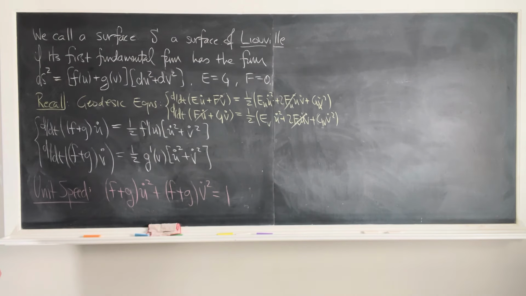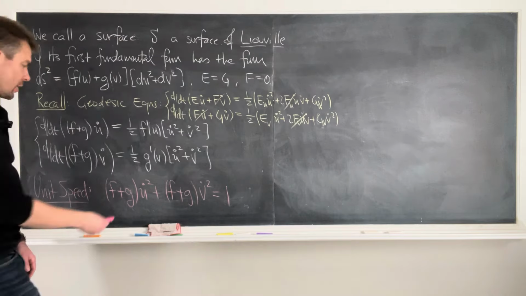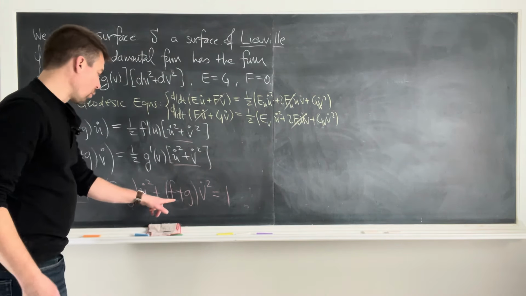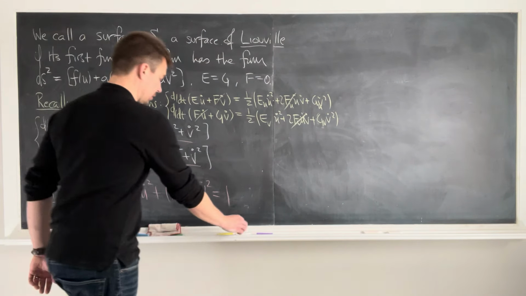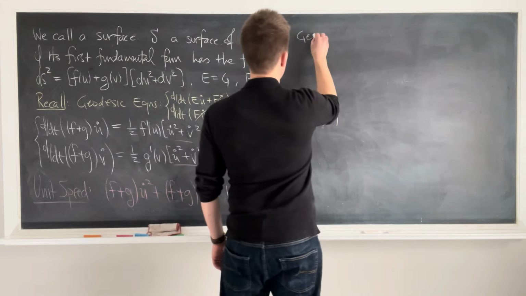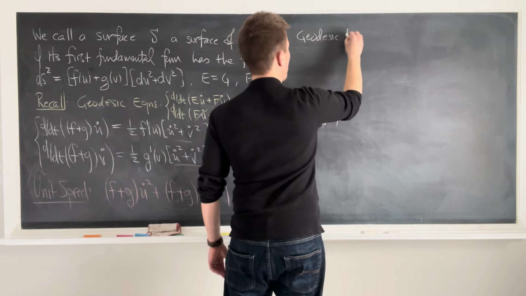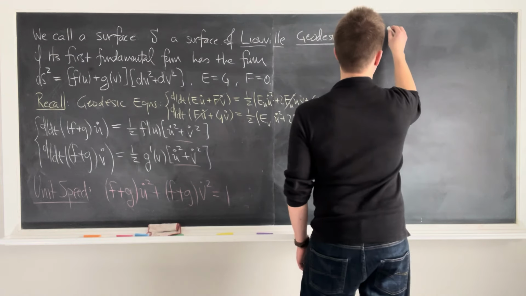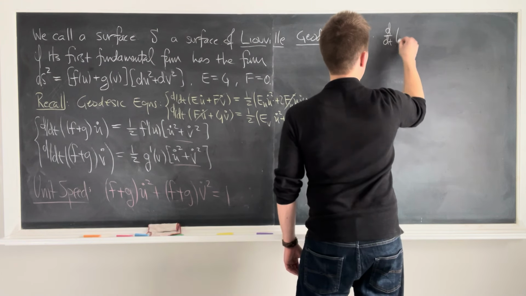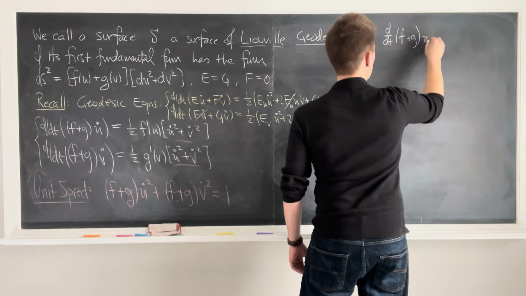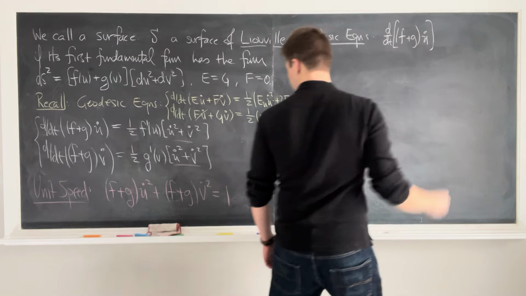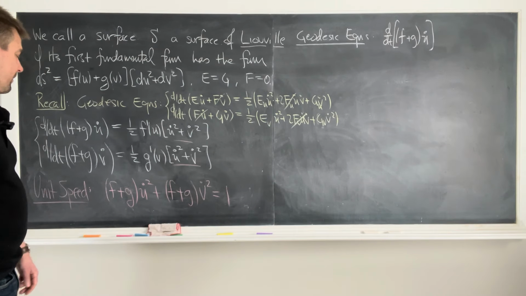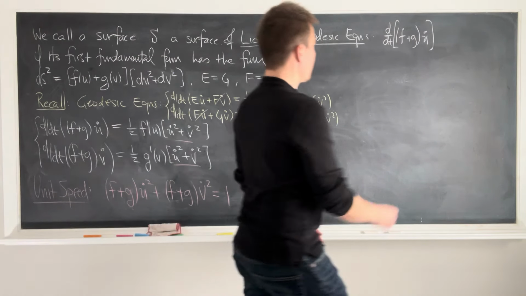Beautiful, right? Because now that allows me to write that u dot squared plus v dot squared, which occurs in both those geodesic equations, is exactly just 1 over f plus g. So now my geodesic equations can be rewritten as d by dt of f plus g, u dot, that's this first term over here, is really a 1/2 f prime over f plus g.